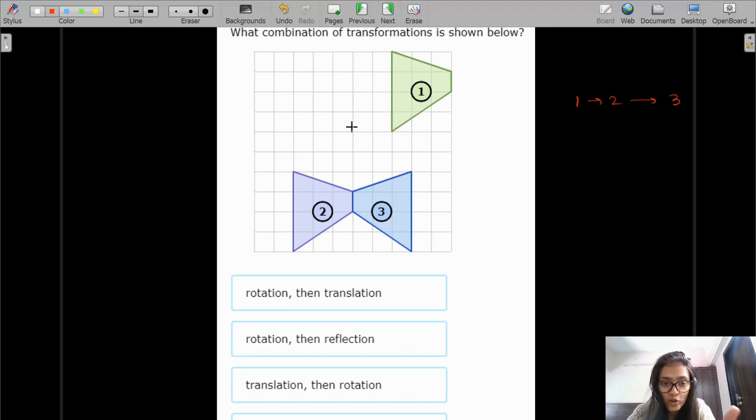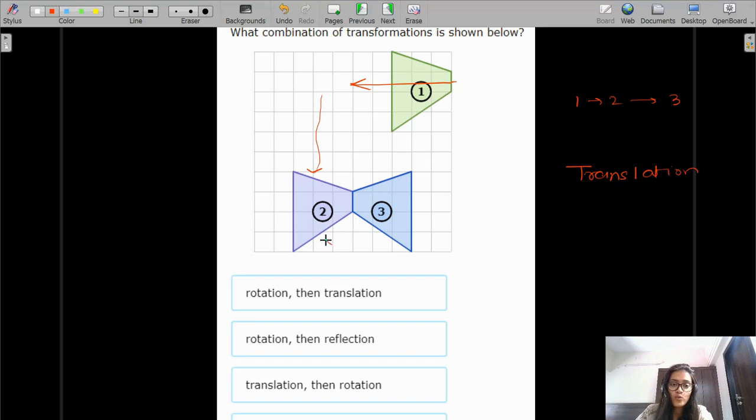So from 1 to 2, it looks like this figure has been shifted from this point to this point. So this looks like a case of translation, and then it has been shifted down. So first towards left and then towards down. So first, definitely we are seeing translation.